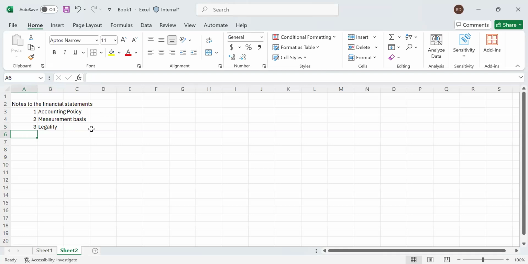Inventory. We are looking for 5 marks, so, and the final note will be what?